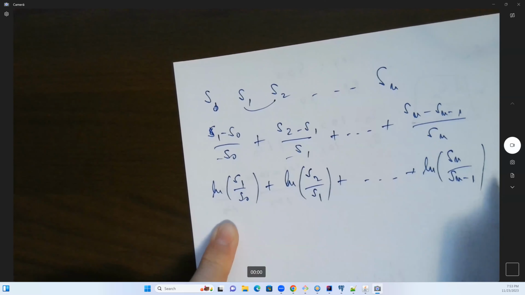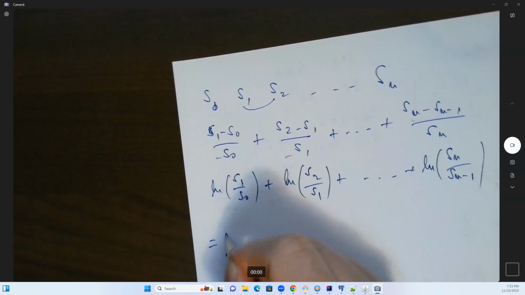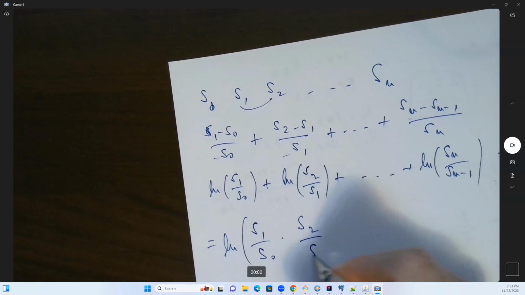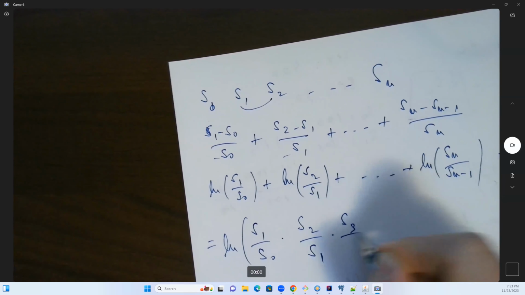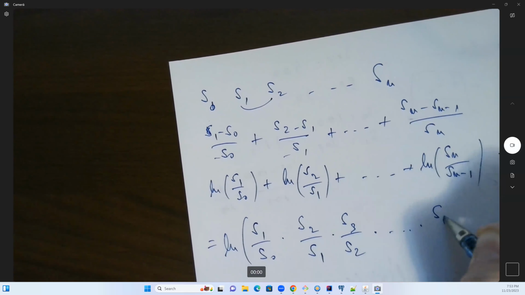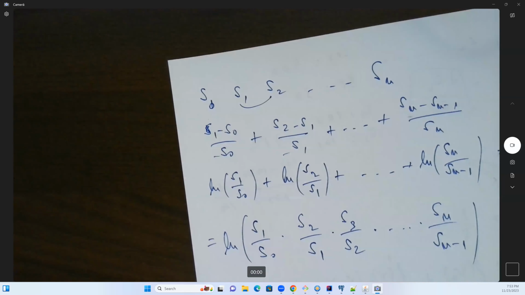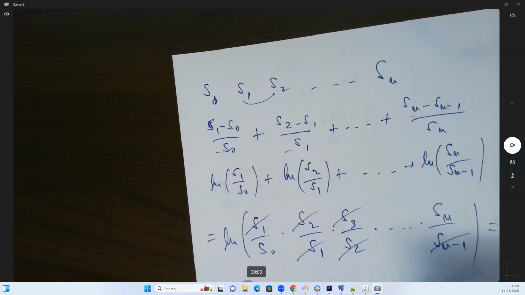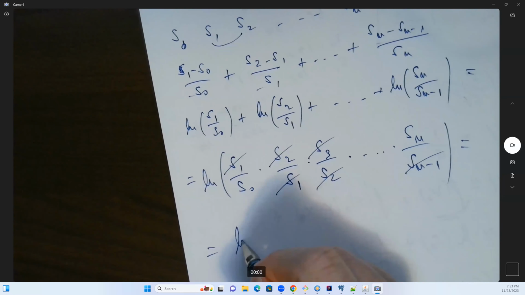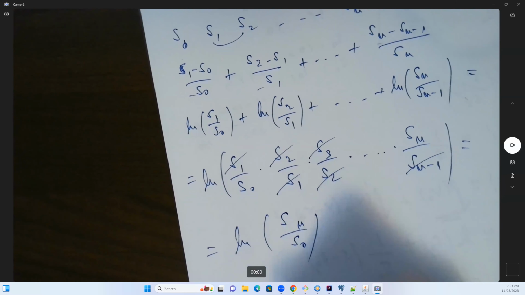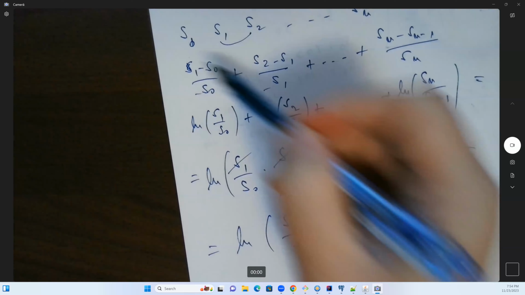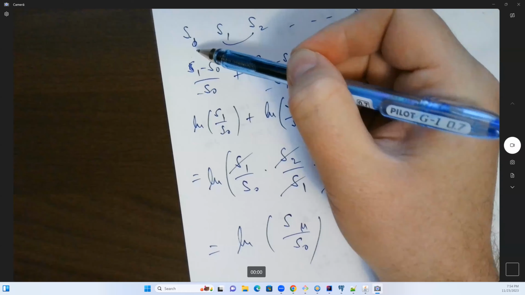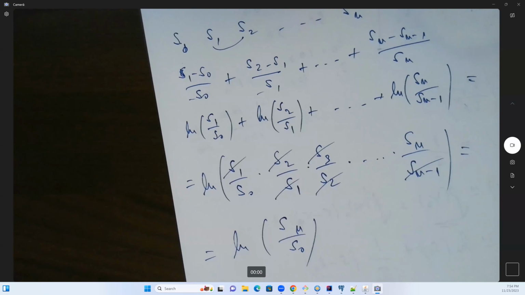But we know from logarithms that this is equal to logarithm of S1 over S0 times S2 over S1 times S3 over S2 times Sn over Sn minus 1. And the nice thing is that this can be reduced, and we are left with a nice logarithm of Sn over S0. So the total return of any price trajectory is just the logarithm of the last over the first. So that's why we use logarithms.